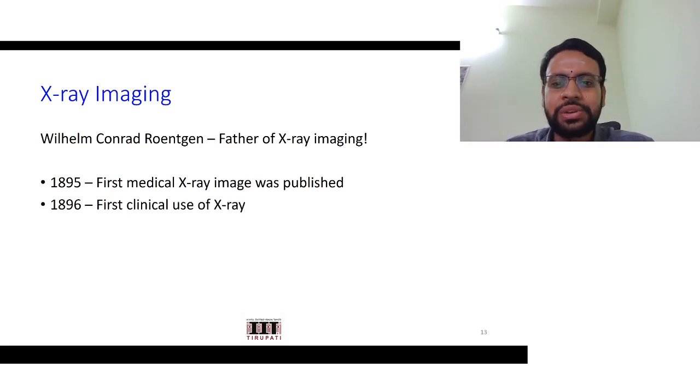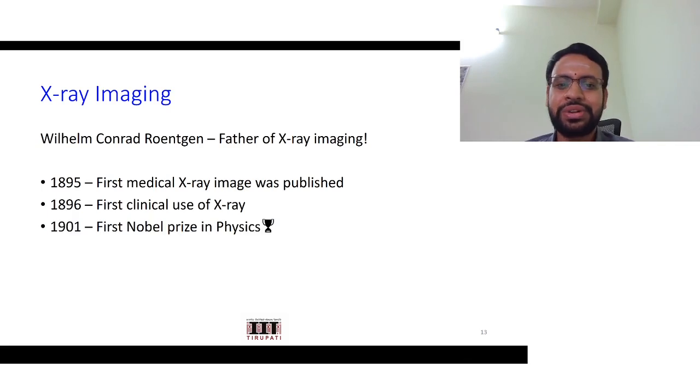The first clinical use of X-rays happened quite fast, in 1896. It is very unusual that a person is given a Nobel Prize within 4 to 5 years of the discovery of a phenomenon or a principle. That should tell you how important this discovery has been.